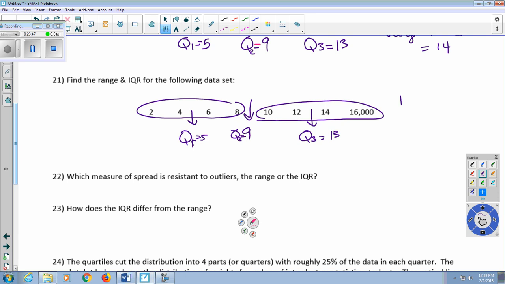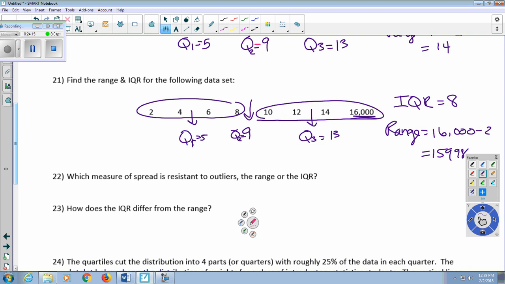So our IQR stays the same, 13 minus 5, which is 8. Let's see what happens to the range. The range is going to use our maximum value, 16,000 minus 2. So this changes quite a bit.